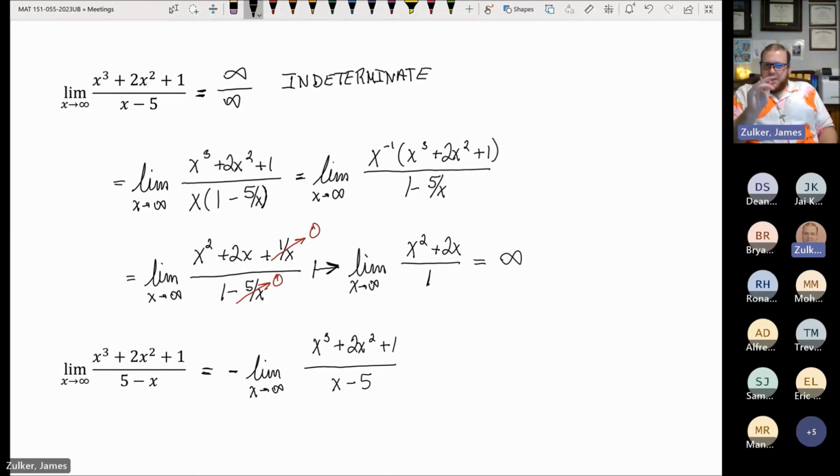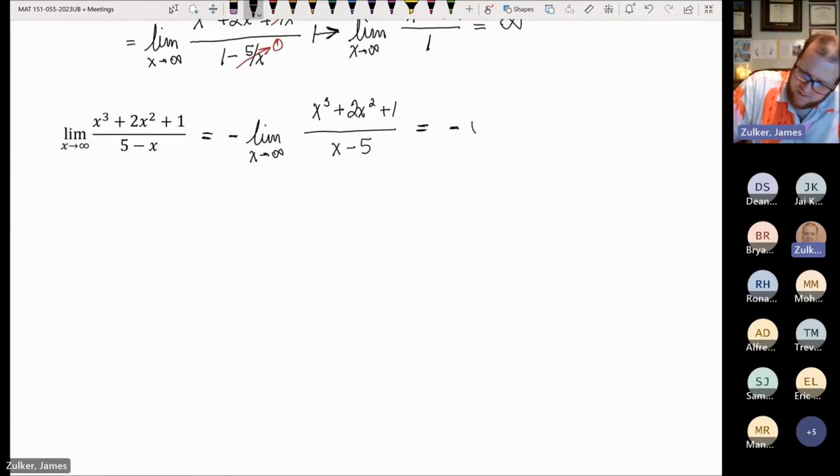If I factor a negative out of the denominator, it just flips the denominator, so instead of 5 minus x, it becomes x minus 5. But isn't that the limit we just did? So take an infinitely large number, the largest number you can think of, and multiply it by -1. It's now a really large number in the negative direction. So this is negative infinity.